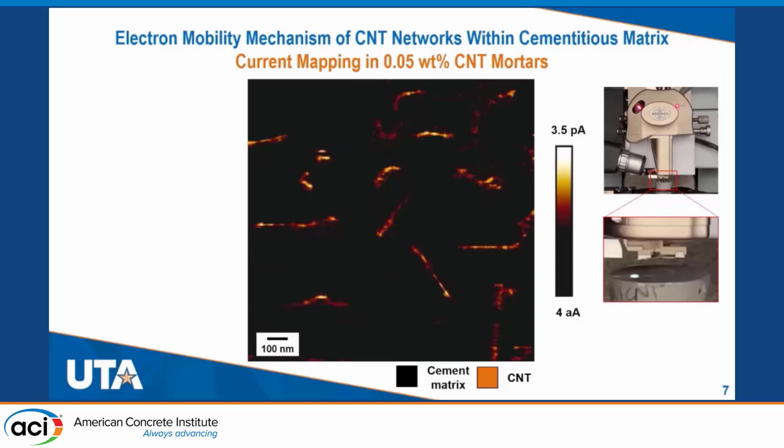The black background is the cement hydration products, no signal, while the light color areas are our nanotubes. And the range of the current mapping goes some orders of magnitude higher, from attoampere to picoampere.